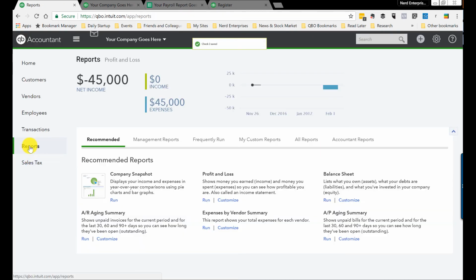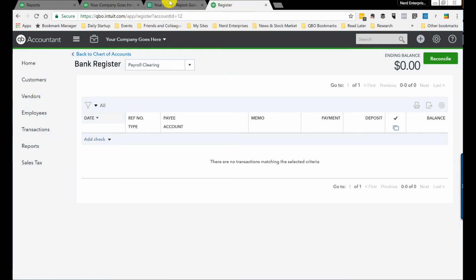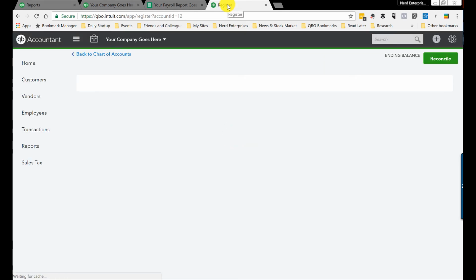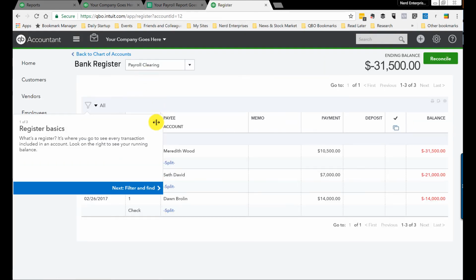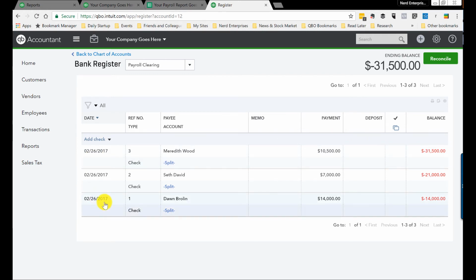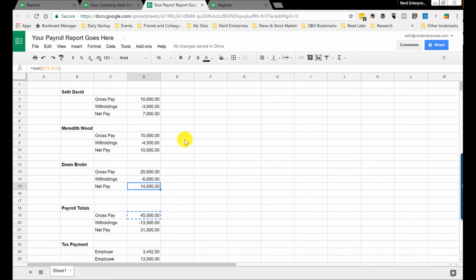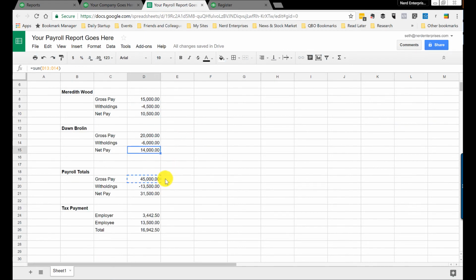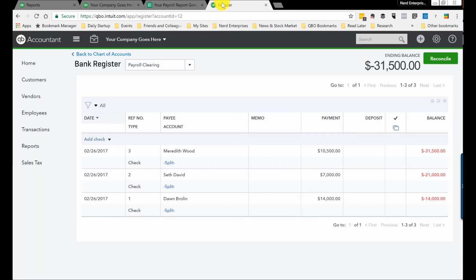So now let's go back to the register. We'll need to refresh it now. And now we've got 3 individual checks whose net pay comes out to 31,500. Let's see if that agrees with the net pay payment that's going to come out of the bank account. Sure enough, it does, $31,500.